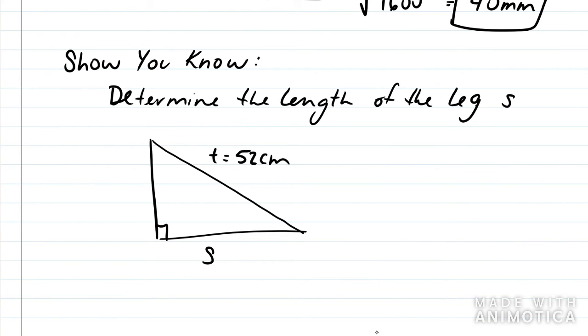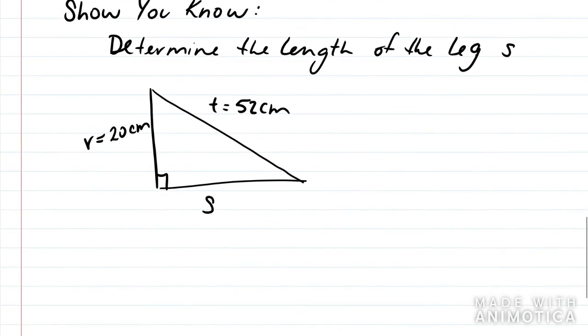We know that R, the other leg, is 20 centimeters. Now you need to find the side length S.